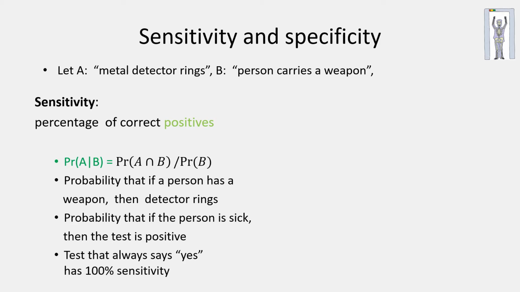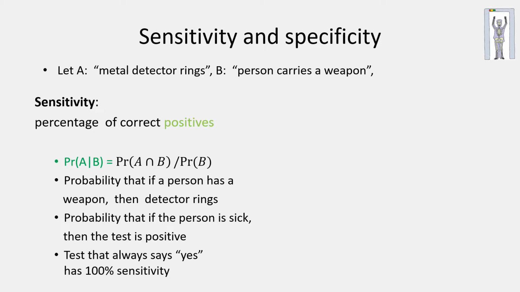A positive is the person carries a weapon and the metal detector identified it. So it's the probability of the metal detector ringing given that the person carries a weapon. If the metal detector rings when the person is carrying a weapon, that's a true positive.